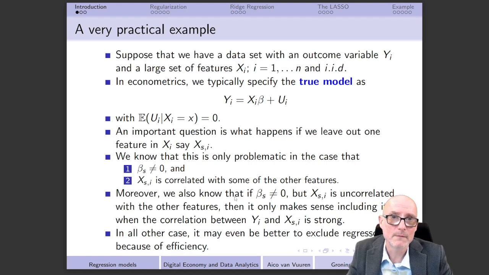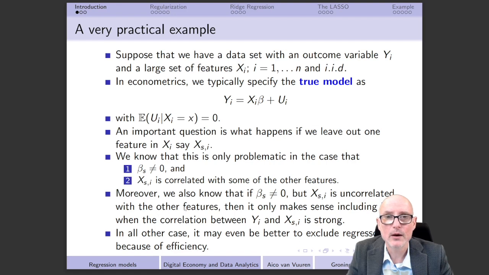To conclude, if these two requirements hold, if beta_s is not equal to 0, and if x_s is correlated with some of the other features, then of course it's always better not to exclude the particular regressor, because otherwise we're going to get biased and inconsistent estimators.